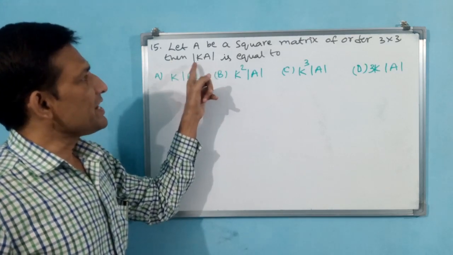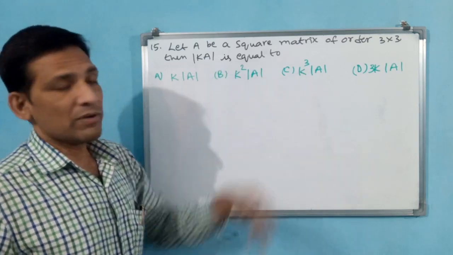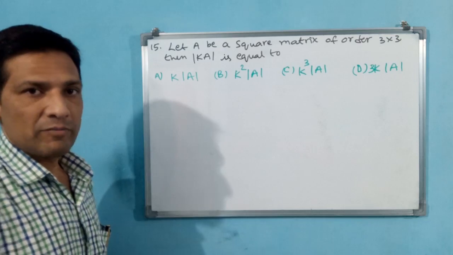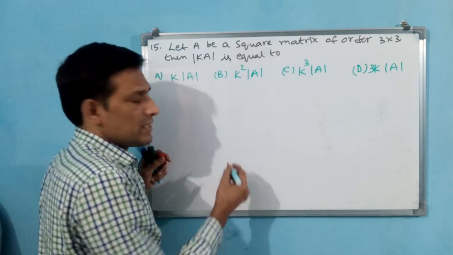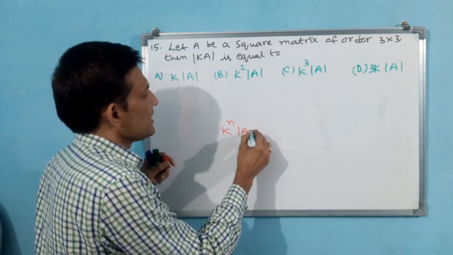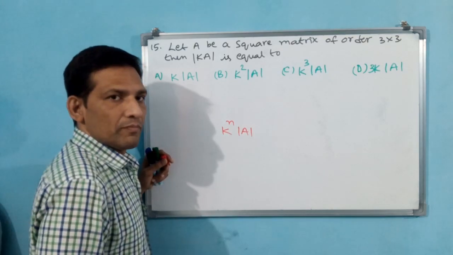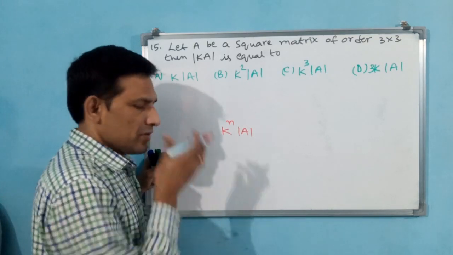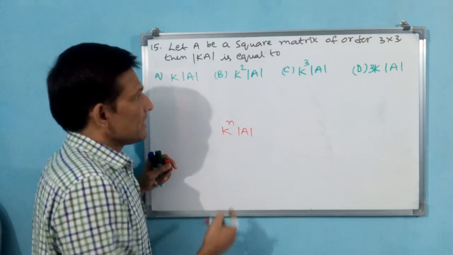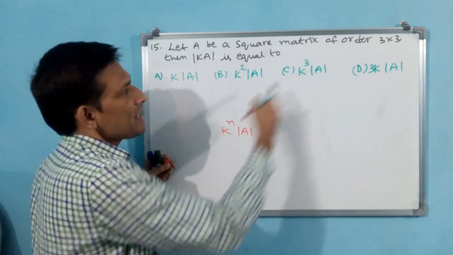Then determinant of kA is equal to, okay, this formula we already have. What is the formula? If such conditions are there, then it is k to the power of n determinant A. This is the formula. See, k is k only here. But the order n is 3.